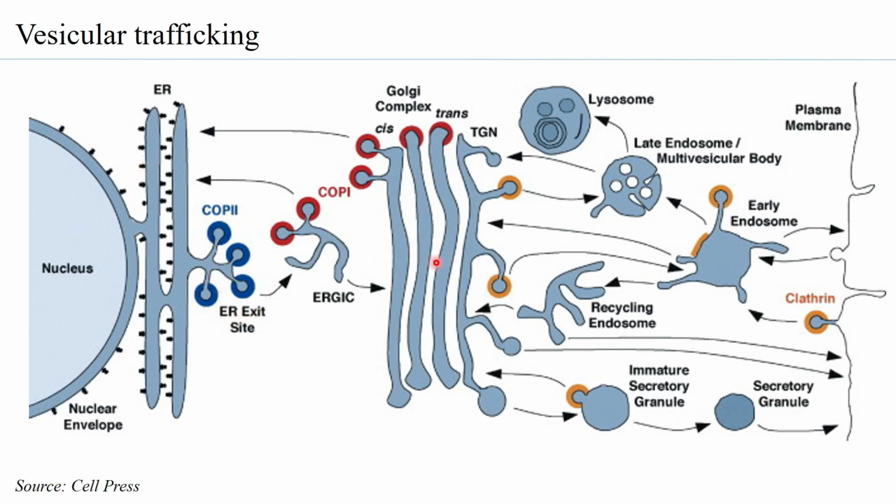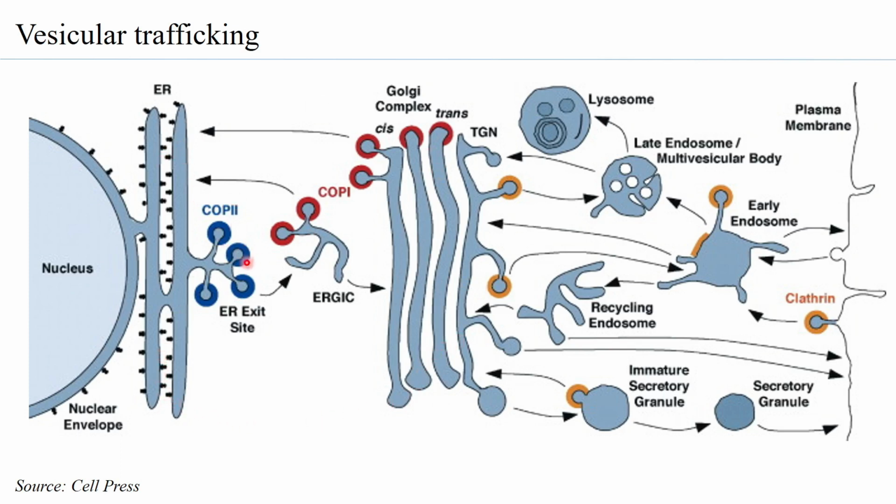But you can also have vesicles coming from the Golgi to the ER, and those vesicles are coated by COP1 proteins. So COP1 coated vesicles transport proteins from the Golgi to the endoplasmic reticulum. It is very clear: COP2 goes from ER to Golgi, while COP1 vesicles go from Golgi to ER.